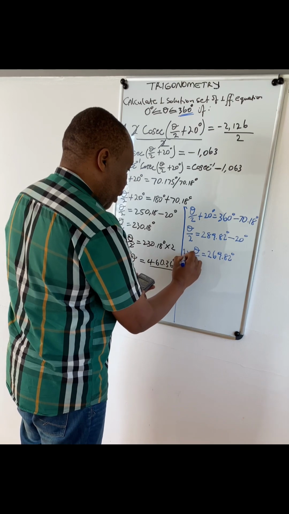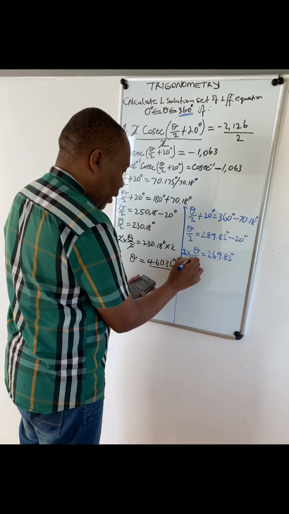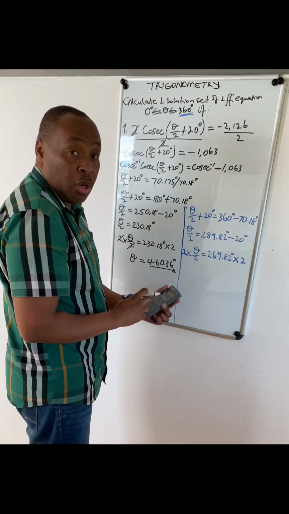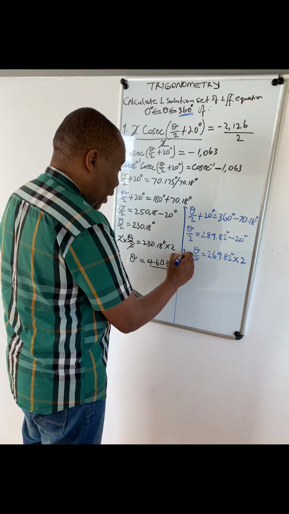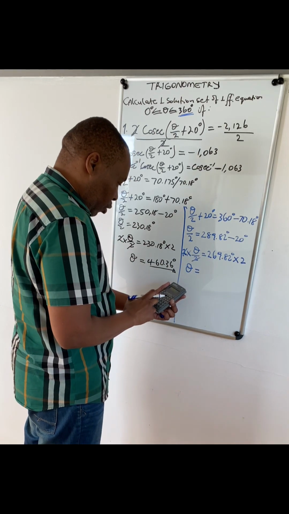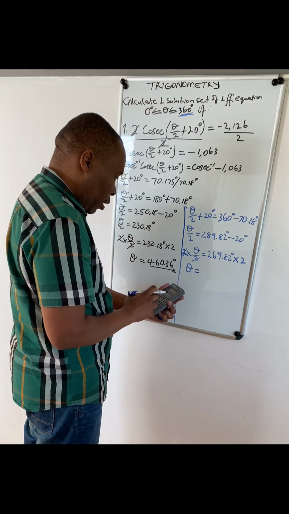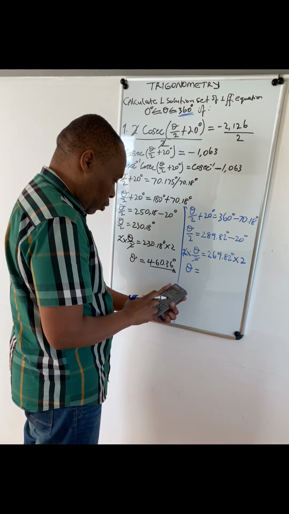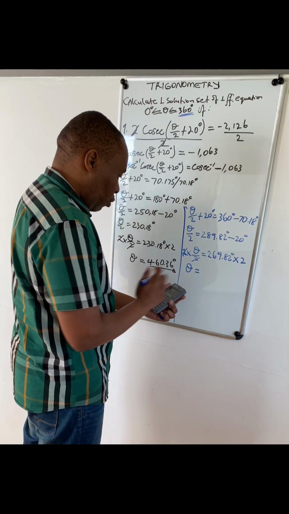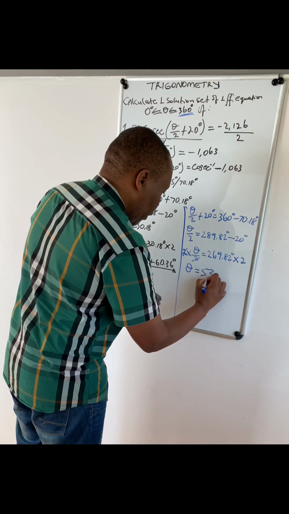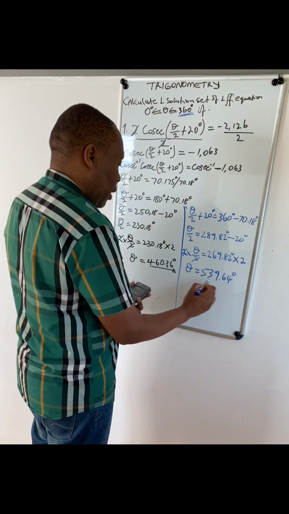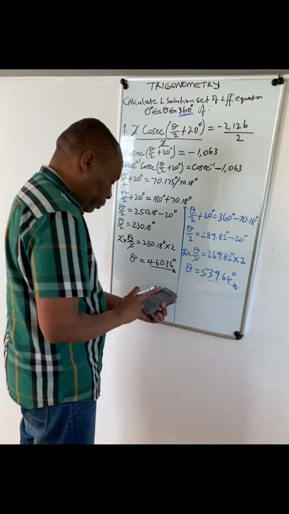We multiply by 2 this side to get rid of this 2, and we multiply by 2 on the other side. What you do on the left, you must do on the right. So we cancel here, we have theta is equal to 269.82 multiplied by 2, which is 539.64 degrees.